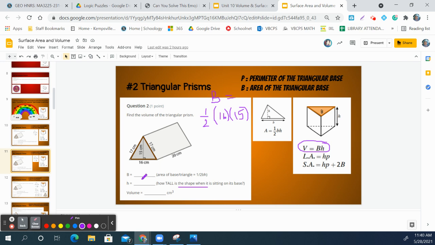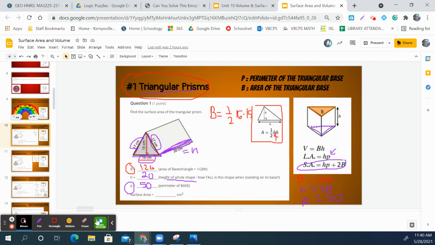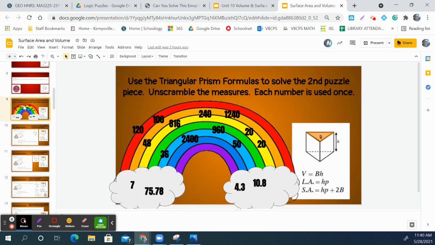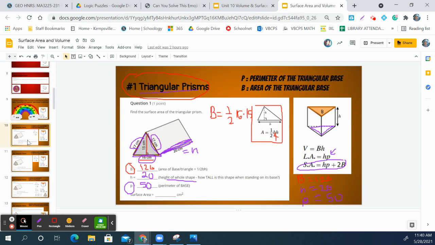So height is 20 times the perimeter plus 2 times the base.